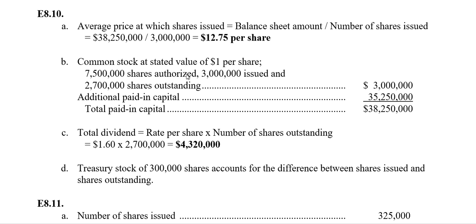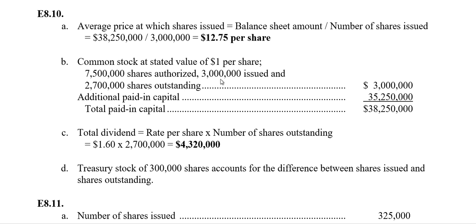But here we'll see a presentation of common stock when it's got a stated value of $1. Then we have 7,500,000 authorized. We have 3 million issued, and then 2,700,000 outstanding.